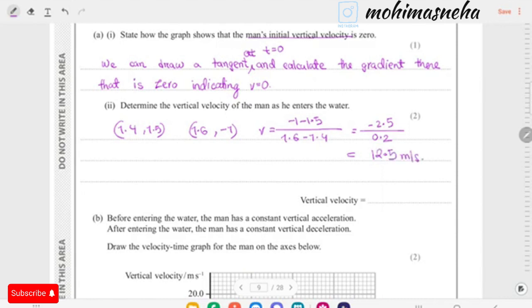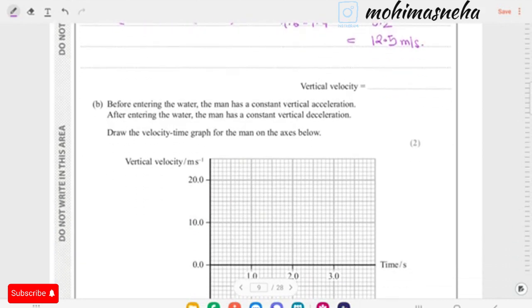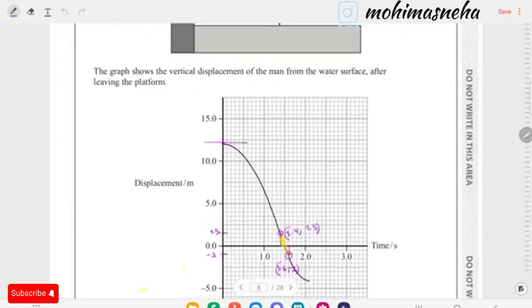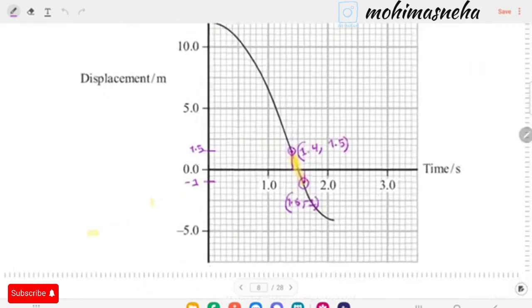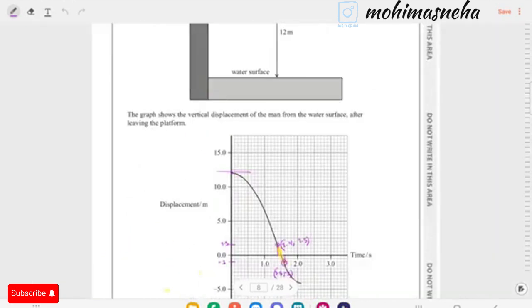Now, before entering the water, the man has a constant vertical acceleration. After entering the water, the man has a constant vertical deceleration. Draw the velocity-time graph for the man on the axis below. Okay, so we have to focus on this graph again.